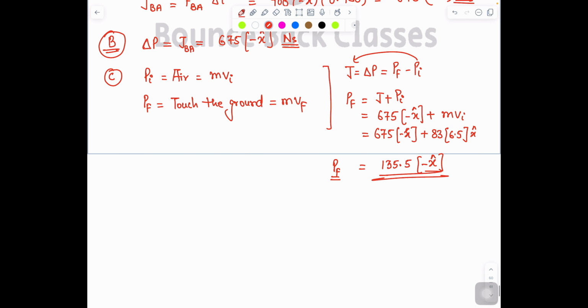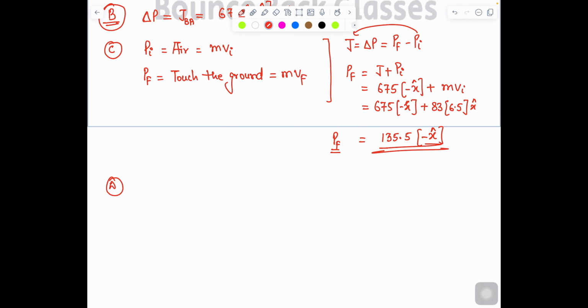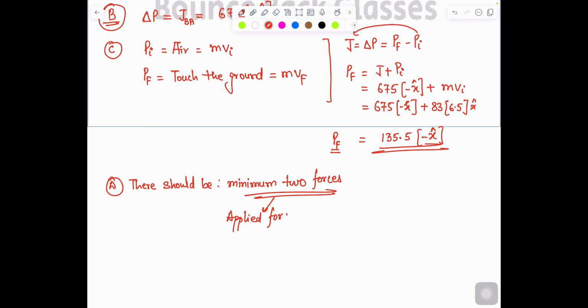So the answer for part D is that there should be a minimum of two forces. Two forces, yes or no? The first is the applied force, and the second is the frictional force due to the ground. Clear, guys?